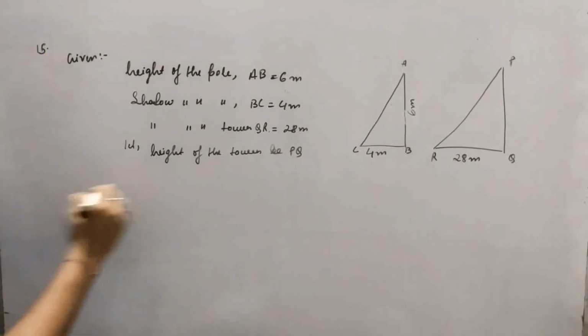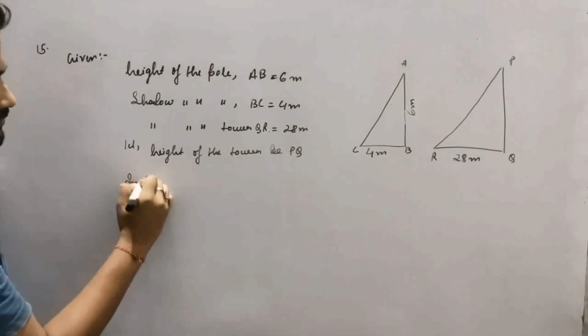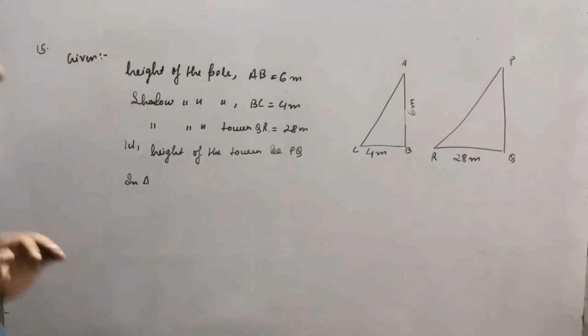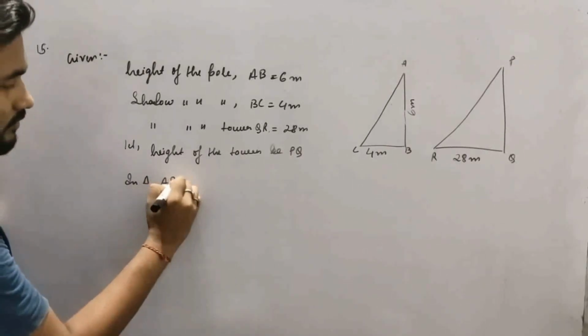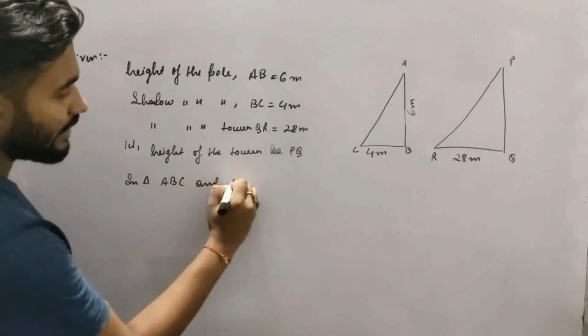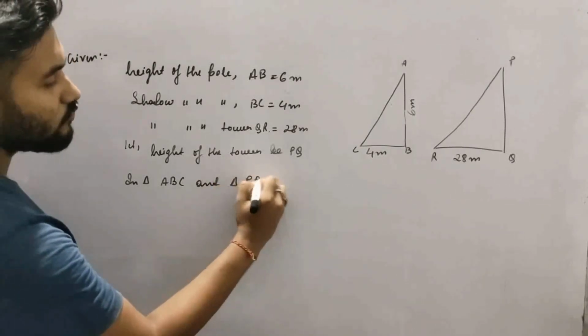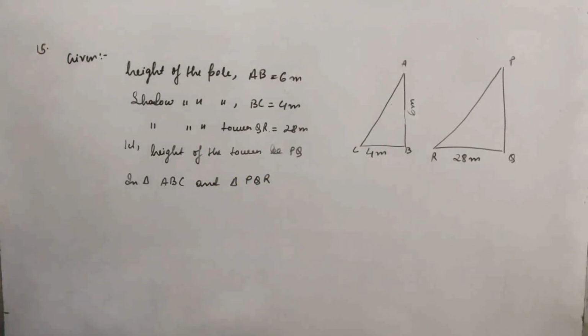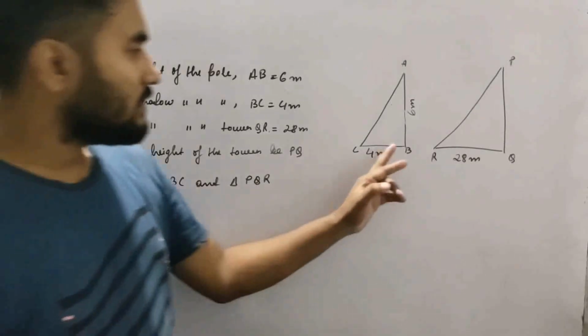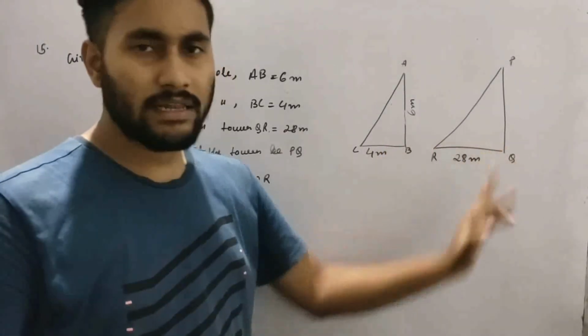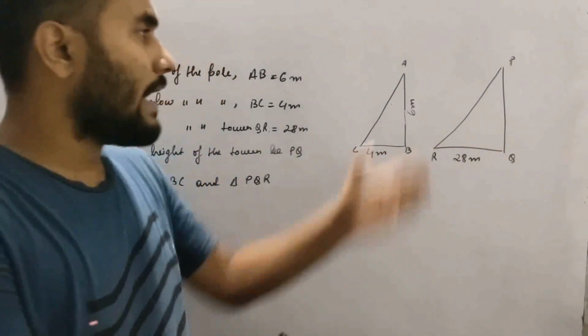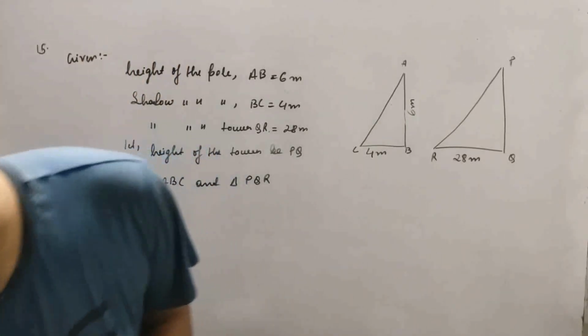Okay. So simple start. In triangle ABC and triangle PQR, at first, very simple. This angle will always be equal to this angle, since it is a vertical pole and the tower is also vertical.